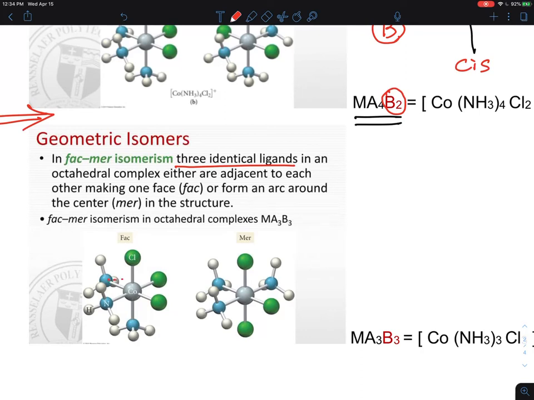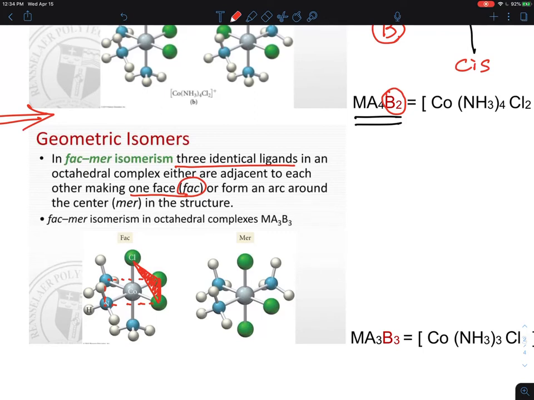I put a dotted line. This is a dotted line of the plane, right? And then there are things going up and down. From here, it looks like they are the faces of a pyramid, right? This is the one, those three chlorines on the same face. So the same face, we call the FAC isomer.